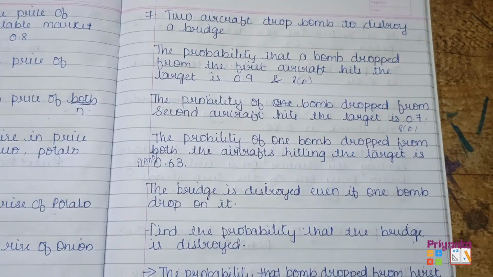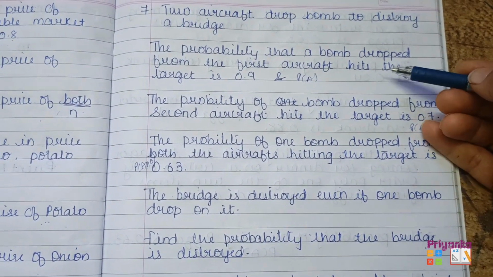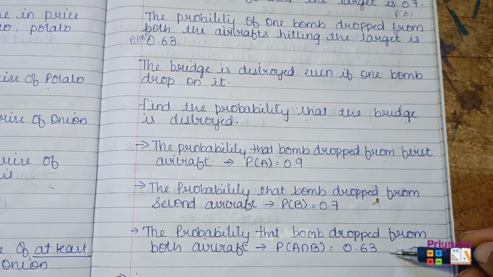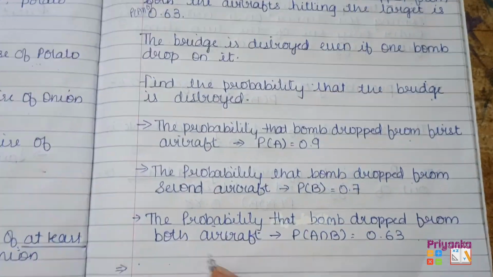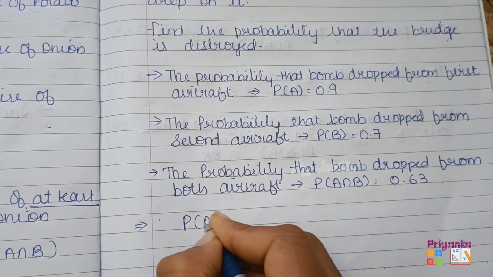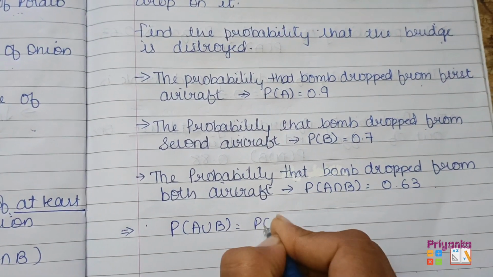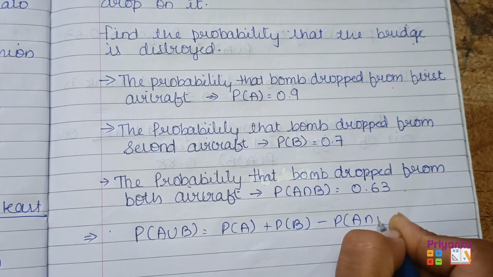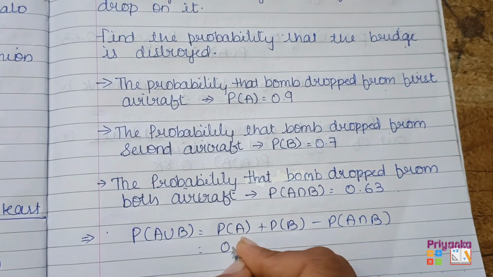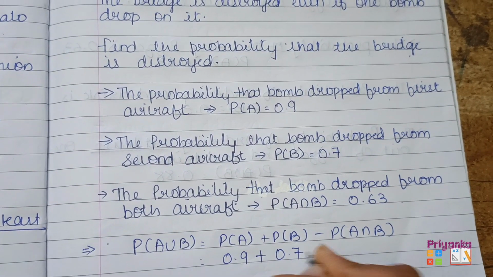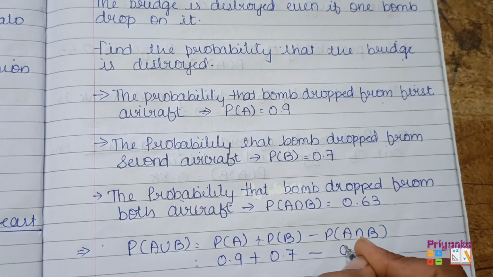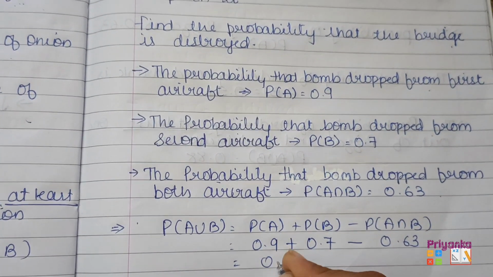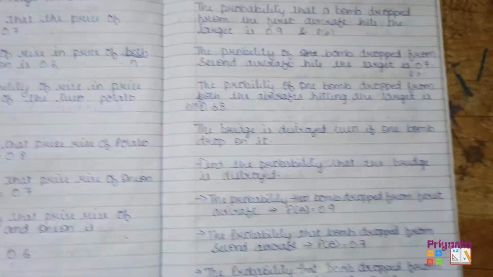Before you directly put the law of addition formula, first write down what you are denoting: P of A, P of B and P of A intersect B. After writing this, we can apply the law of addition, that is A union B, where we'll keep all the information: P of A plus P of B minus P of A intersect B. So let's take P of A is 0.9, P of B is 0.7 and A intersect B is 0.63. So here we get 0.97. That's it. Moving to the next.